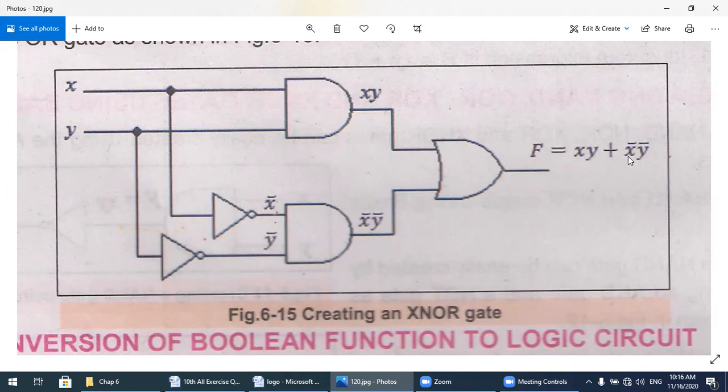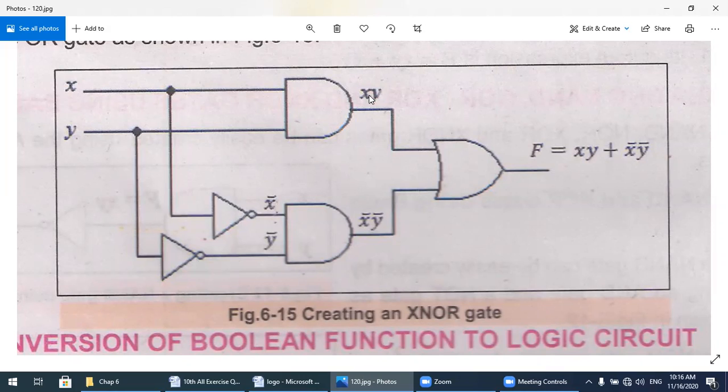Now after that, x complement y complement. When x passes through the NOT gate, it becomes x complement. When y passes through the NOT gate, it becomes y complement. Now x complement and y complement go into this AND gate, and they make x complement dot y complement.